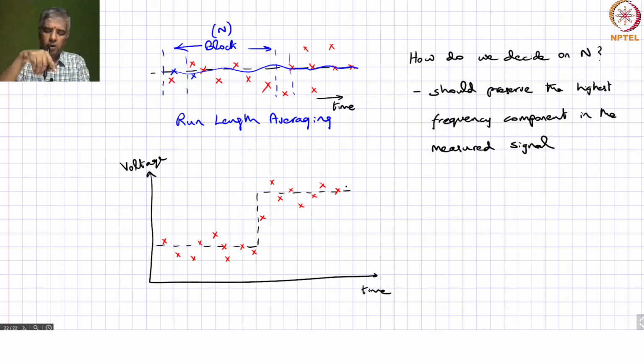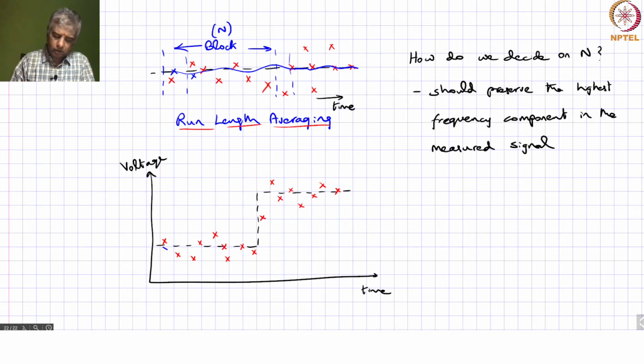So if you employ this run length averaging in this sort of case, and you go with say n equal to 10, you are taking 10 samples, 1, 2, 3, 4, 5, 6, 7, 8, 9, 10, and representing them with one value, and then you take the next 10 samples and represent them with another value, and so on. If you do that, what you are likely to get is something like this.